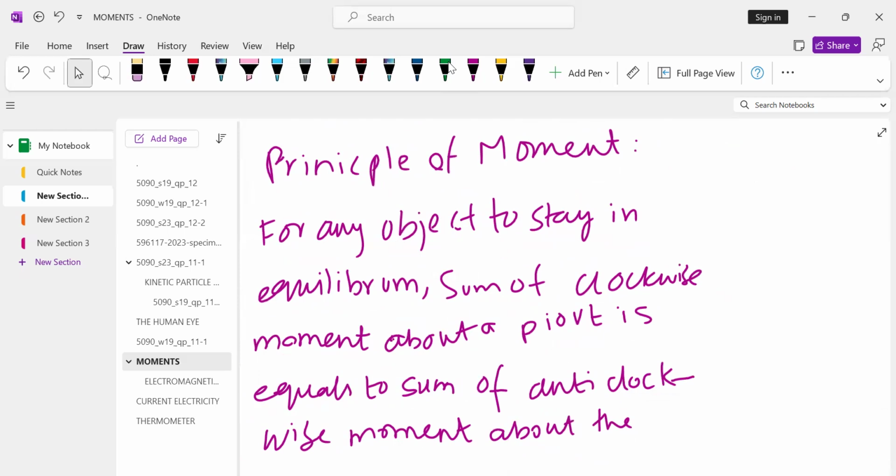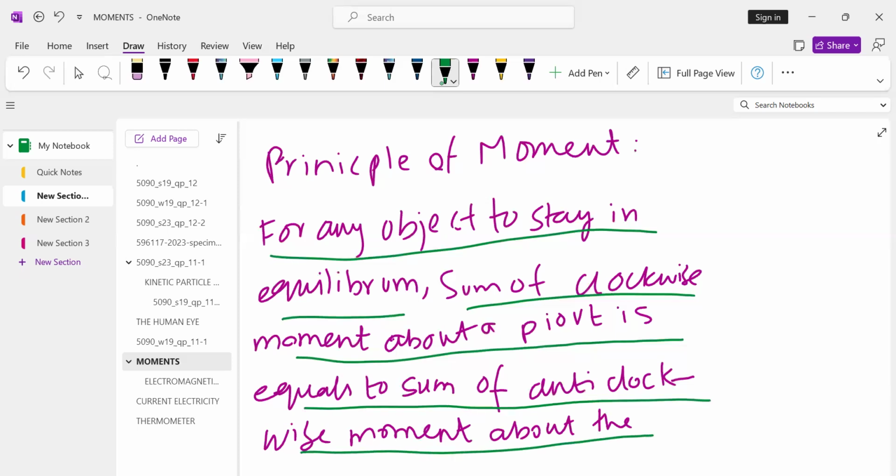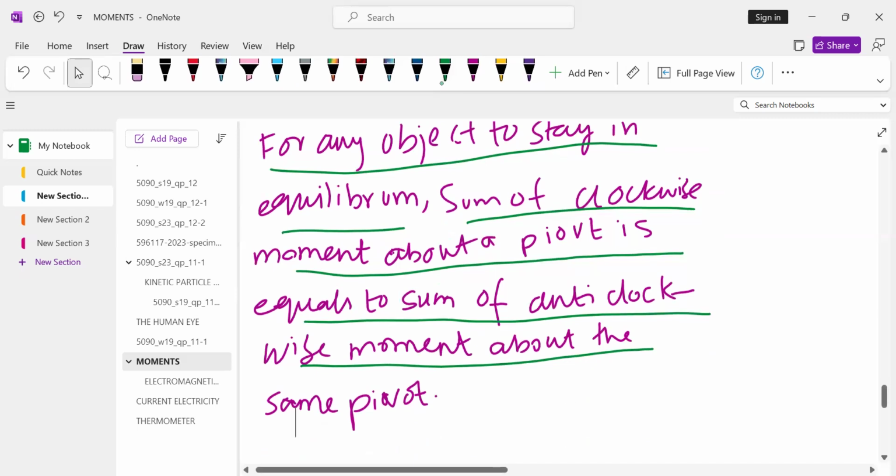The principle of moment says that for anything to stay in equilibrium, the sum of clockwise moments about a pivot is equal to the sum of anti-clockwise moments about the same pivot. So this was the principle of moment for any object to stay in equilibrium. It means if the object wants to stay in equilibrium, the sum of anti-clockwise moments about the same pivot should be equal to the sum of clockwise moments about the same pivot.